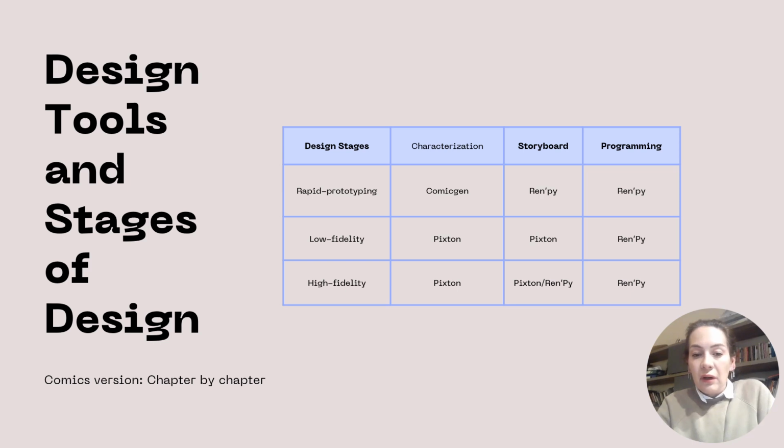And for the high fidelity prototype, we tried to make our interactive comic and comics ready for implementation. Before high fidelity, we also analyzed the language of the materials and content.